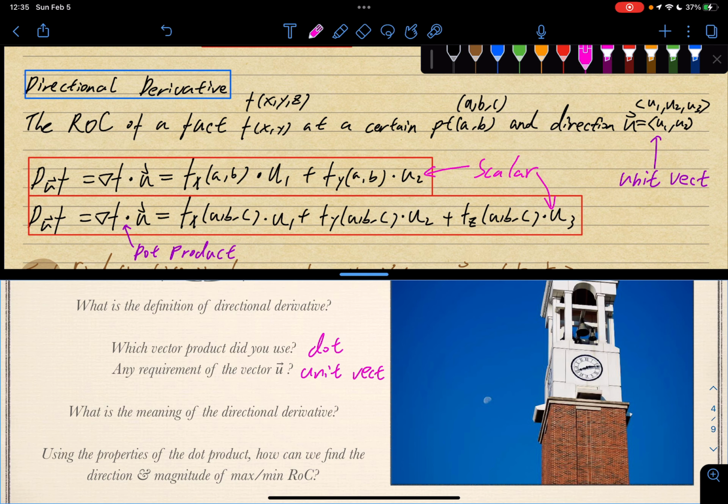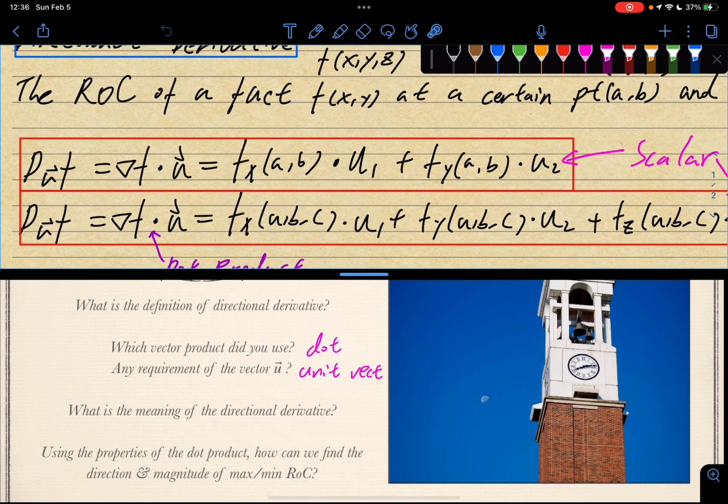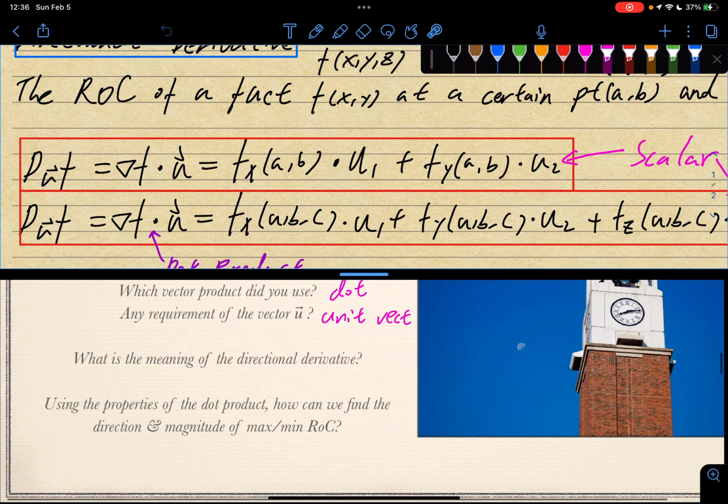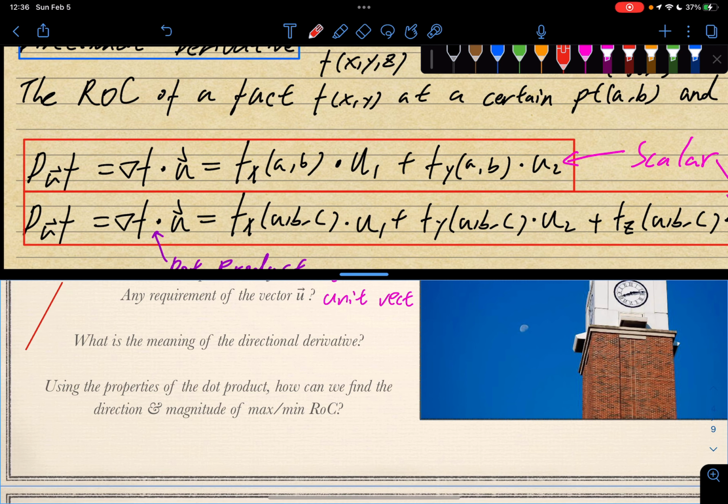So what is the meaning of directional derivatives? We know that the gradient is the maximum rate of change. So if you take a dot product with another direction vector, let's say my maximum rate of change is going in this direction, this is my gradient of f, and this is my unit vector, my direction vector.